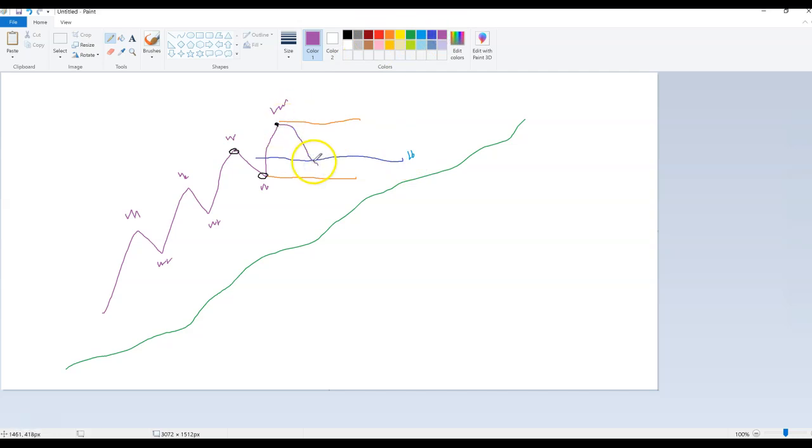If it goes against us, there's a stop somewhere here. And if we're lucky and we're in correctly, then you have options of placing your profit target. It will probably make sense to place it just a tiny bit below this level, because this level is still going to be resistance, or it's up to you.